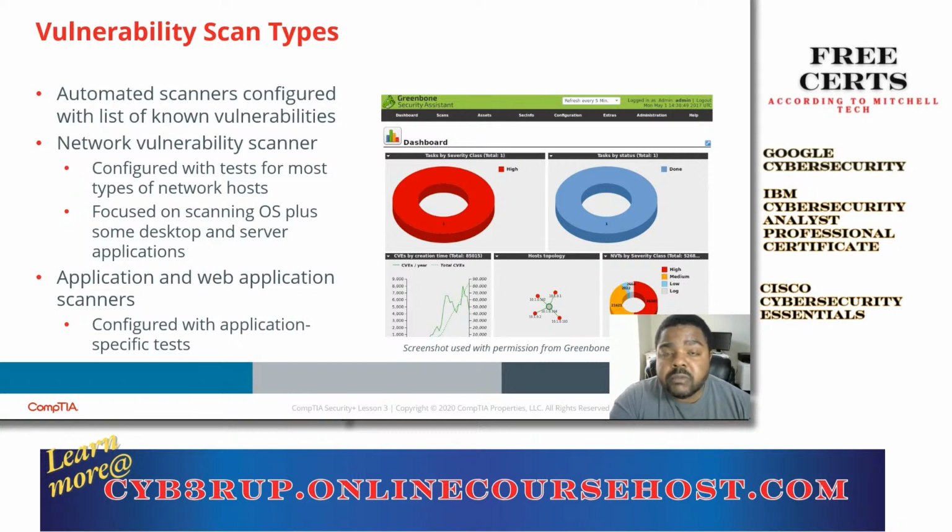So going into vulnerability scanners, we have these in place to scan our network and see what types of devices we have on there, as well as the applications they're running. It double checks that application and that OS against a database of vulnerabilities and risks that are out there.